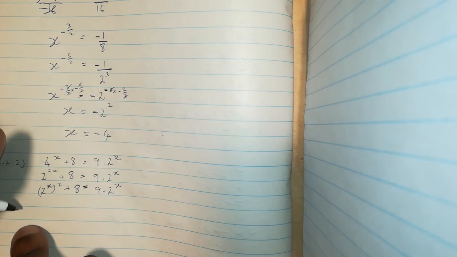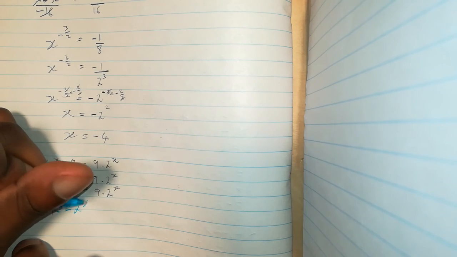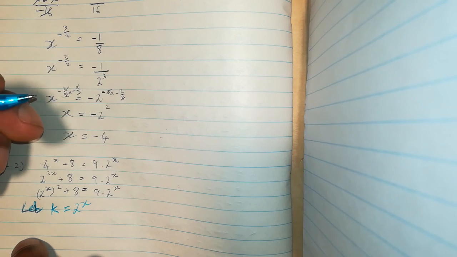In this question, we can use the K method again by saying let k be equal to 2 to the x, because we want to use the K method.